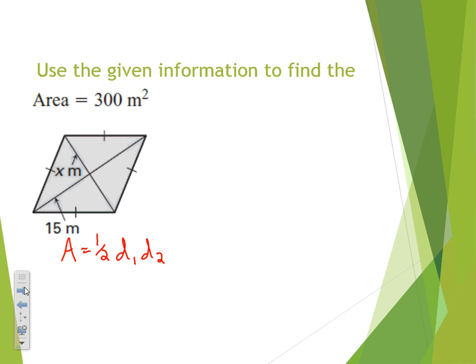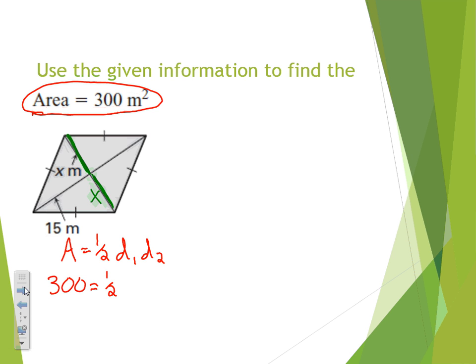So it's very important that I know at least one of my diagonals because I know my area is 300. So I have 300 equals 1/2. Now if I look at my diagonals up here, this portion right here is x. Now we know the diagonals bisect each other, so this is also x.